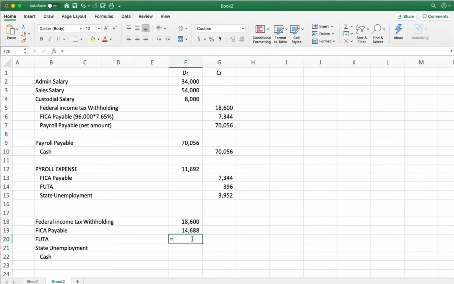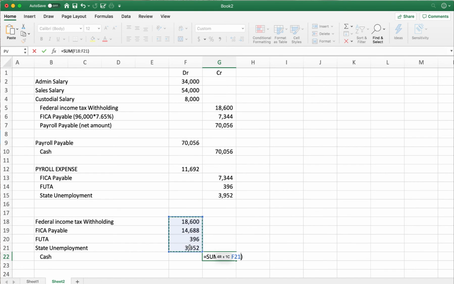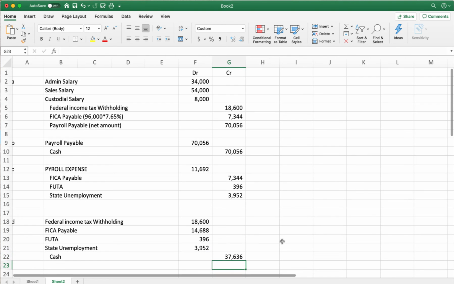I got to pay my FUTA. Well, I already previously calculated that. And I got to pay my state unemployment. I add all these up, and they end up being $37,636. That's my credit. So just to make it easier, I'm just going to auto sum these. And that's my credit. So that, my friends, is how you do problem 10-4B.